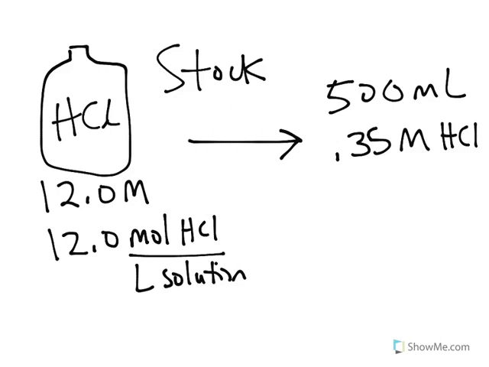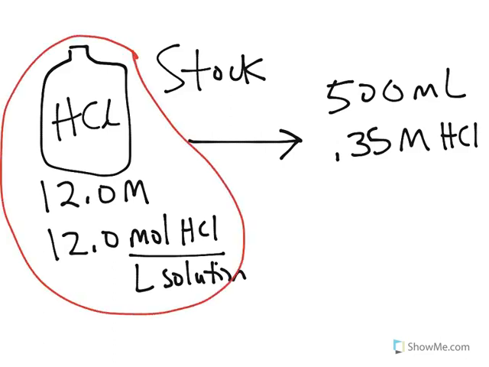Okay, so if I want to take the stock solution from the original bottle and make something we can use in the lab, how do I figure out exactly how much of this stock solution I'm going to need? The equation that we use with these dilution problems is the molarity times the volume is equal to the molarity times the volume.